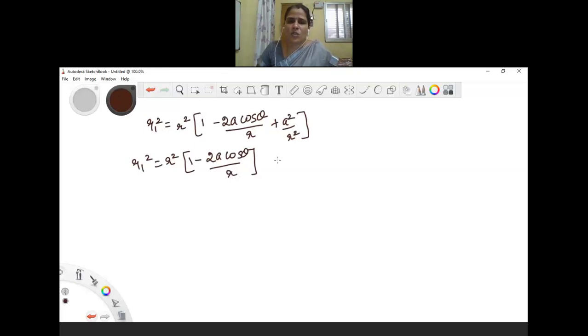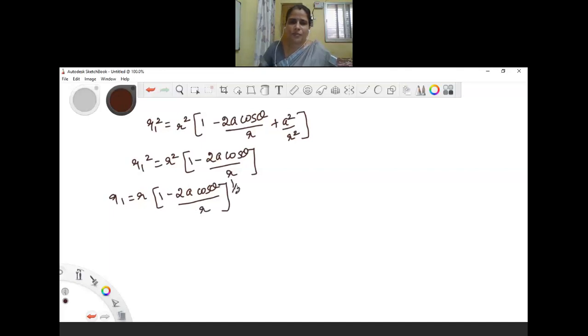Next we are going to take the square root on both the sides. So when we take the square root on both the sides, we get R1 is equal to R into 1 minus 2a cos theta divided by R, the whole power half.